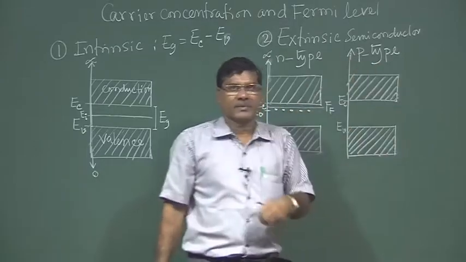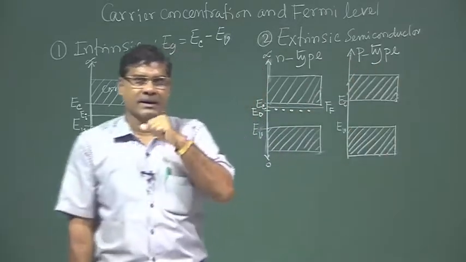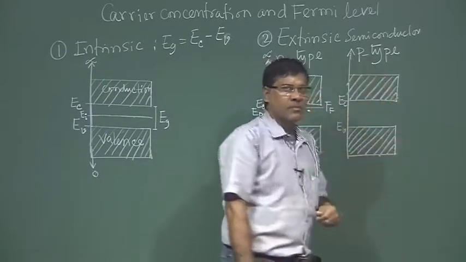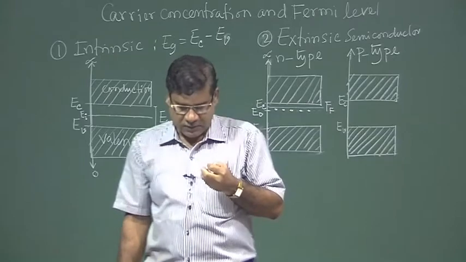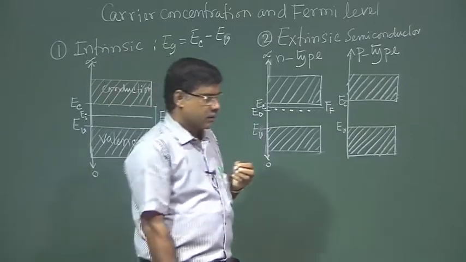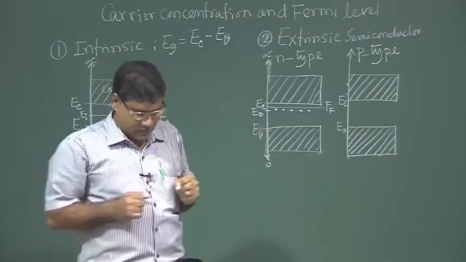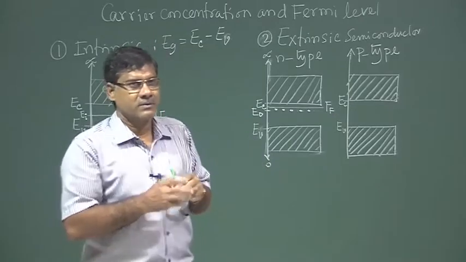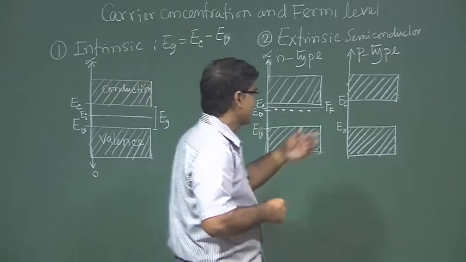This P type trivalent atom used for doping has 3 electrons. To satisfy the 4 nearest neighbor silicon, we need 4 electrons, so 1 electron is missing.